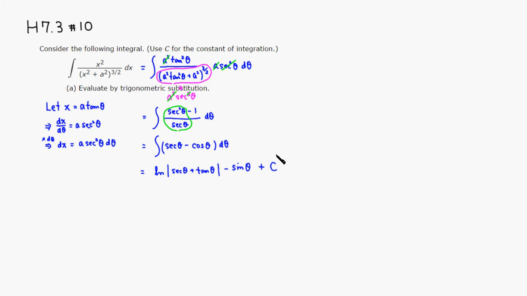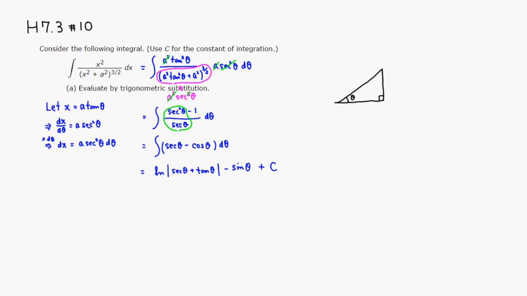Then we just have to go back to x. Maybe we should draw a right triangle. So here is a general right triangle, and I'm going to put theta here.